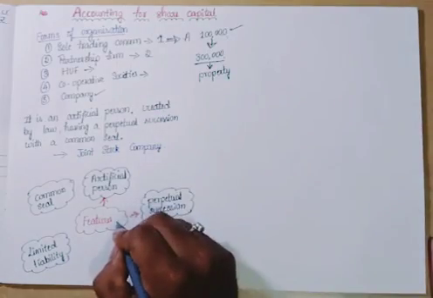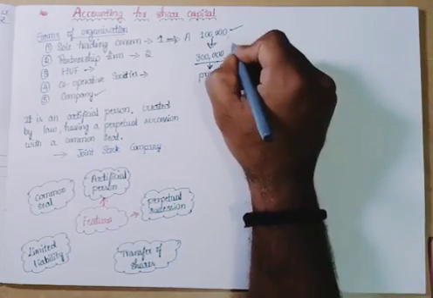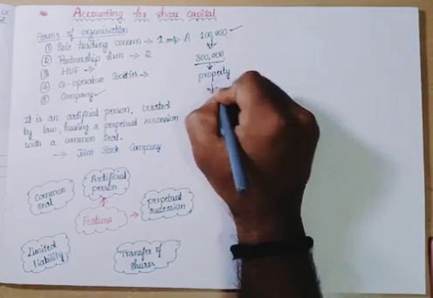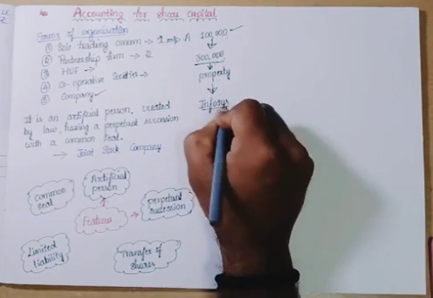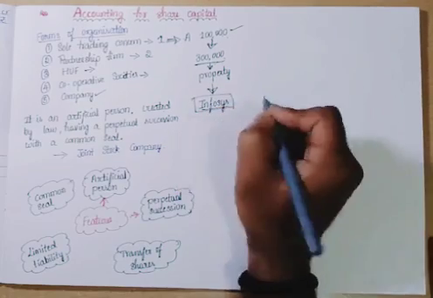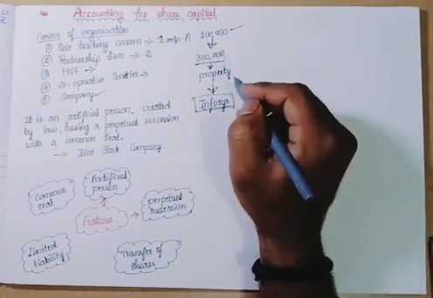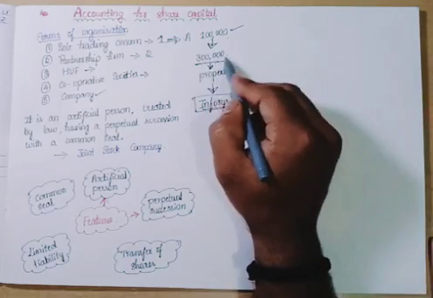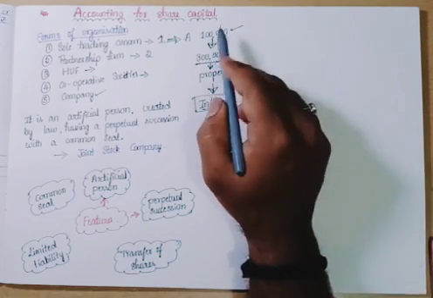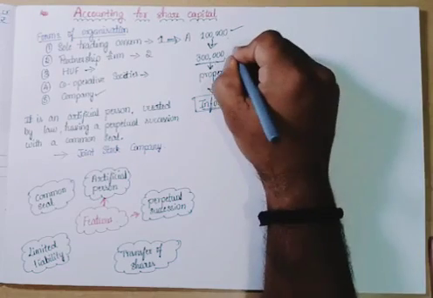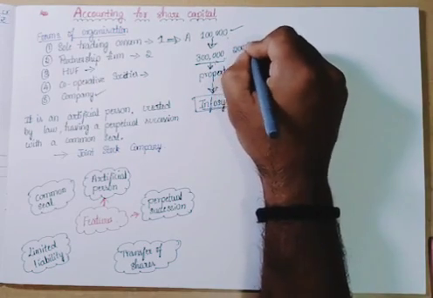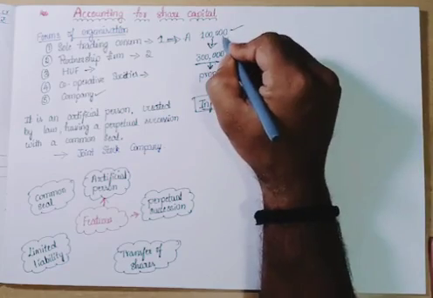But in case of a joint stock company, for example, I have invested 1 lakh rupees in Infosys. Let me take Infosys here. If there is a loss of 3 lakh rupees in the Infosys company, I have invested only 1 lakh. In case of a 3 lakh rupees loss, I need not pay the remaining 2 lakh rupees of loss because my liability is limited to 1 lakh.